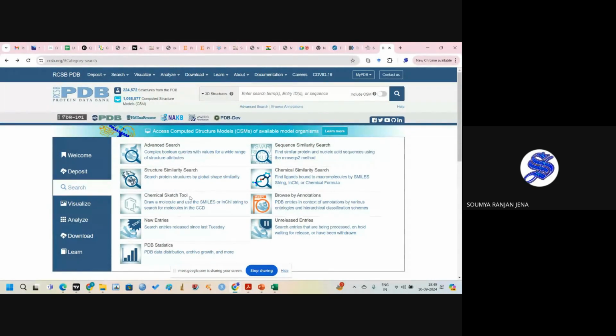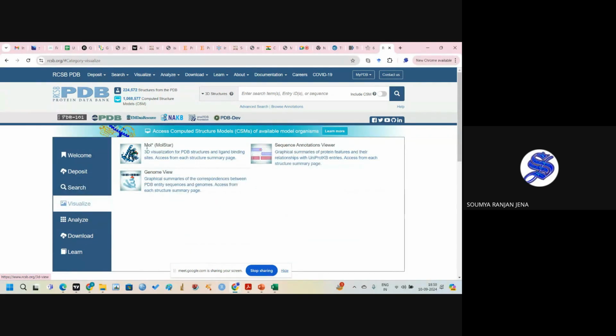Then with the chemical sketch tool, you can draw the structure of different proteins. If you find a new protein, you can add that protein into these databases as a new entry. You can also use sequence similarity search, where you can align different proteins with each other and find the sequence similarity between two proteins. There are also different browser annotations and chemical similarity search. You can use any of these, and you can do 3D visualization of the PDB structures.